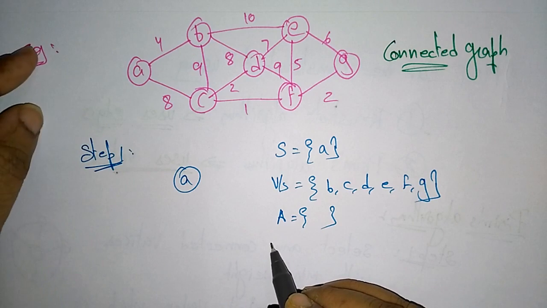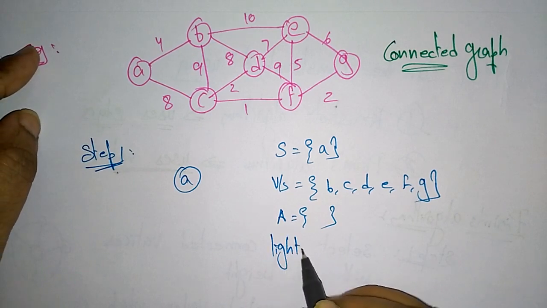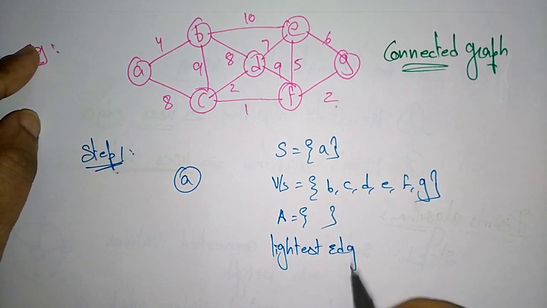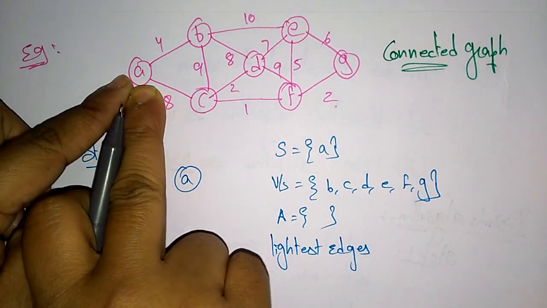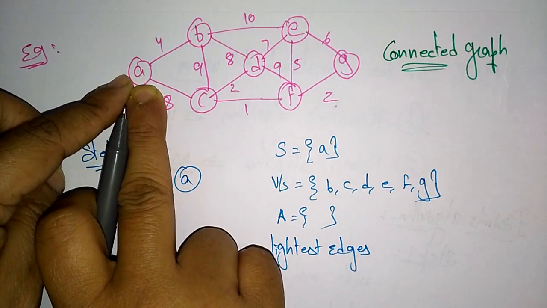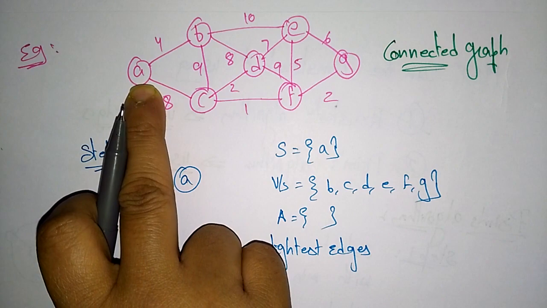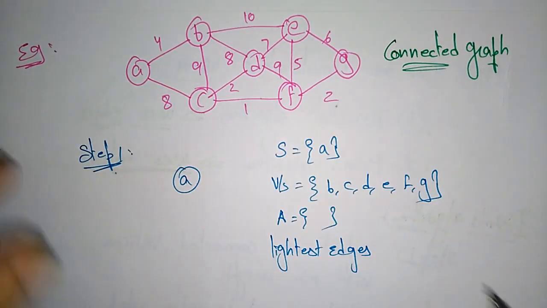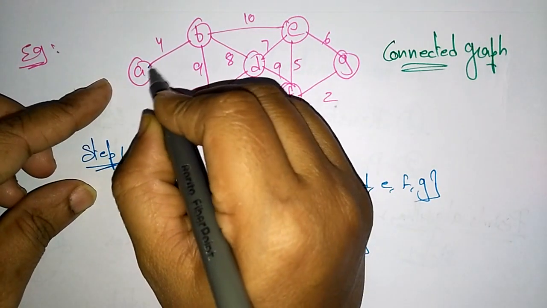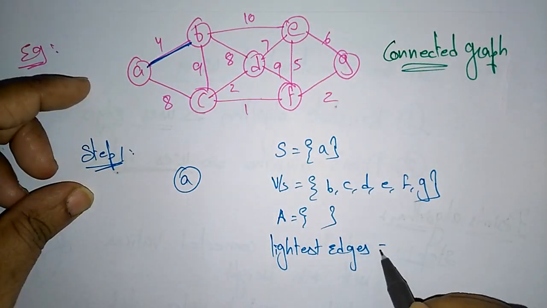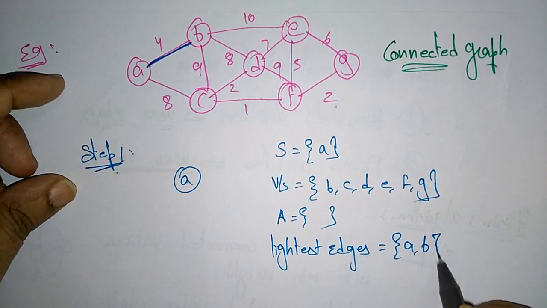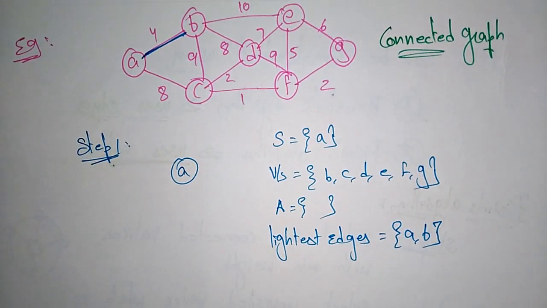Let me write the lightest edges to this A. What are the lightest edges to A? Either BA or the lightest edge. This is the lightest edge, that is AB, so that I have to select.